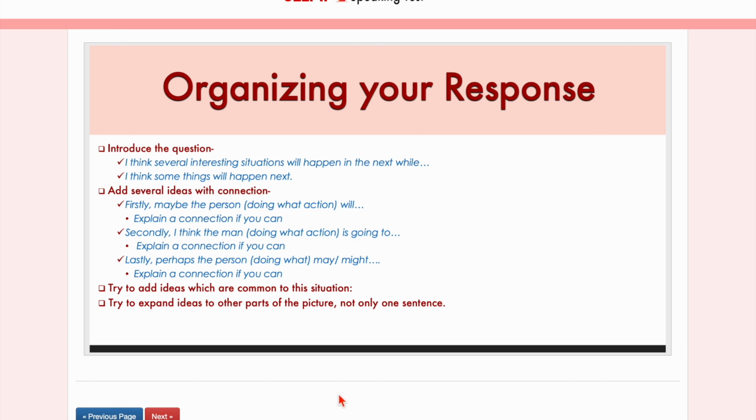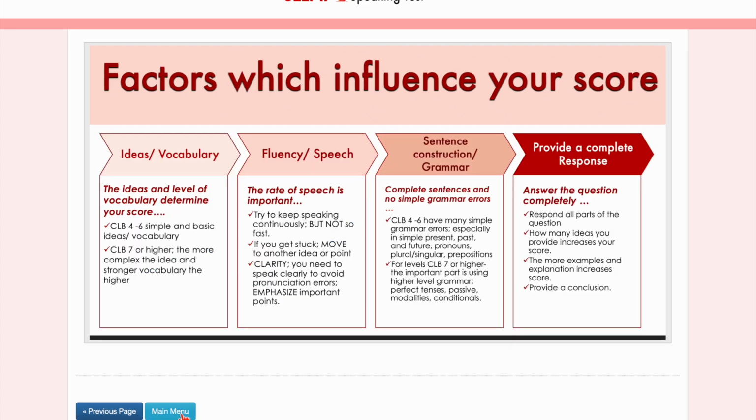And how can we structure our answer? Very important for all levels: having an organized response will really help you achieve a higher score. And also, of course, the factors which will influence your score: ideas, vocabulary, your fluency in speech, sentence construction and grammar, and providing a complete response.